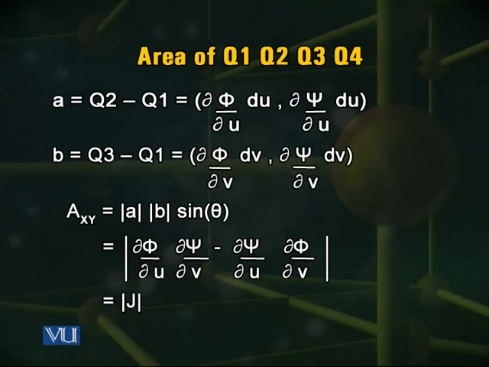When you have this determinant where partial derivatives are written in four corners, it is called the Jacobian, and the magnitude of that Jacobian is the area of that parallelogram, and you multiply the area of that parallelogram with the joint PDF of x and y to get the probability of the same event.